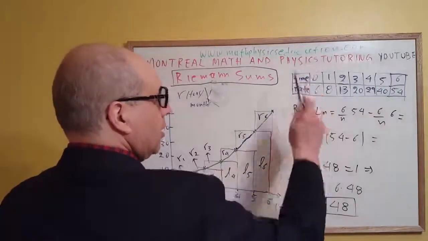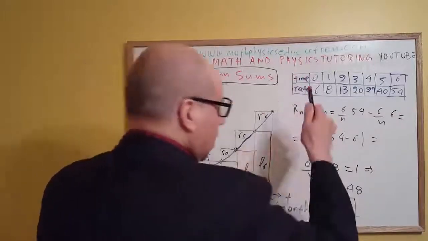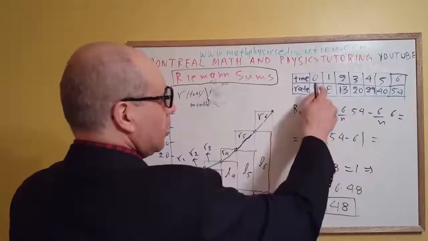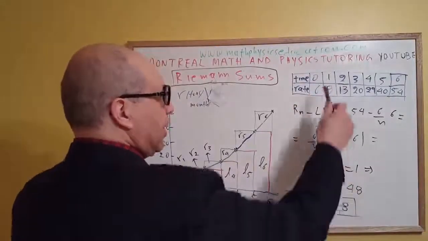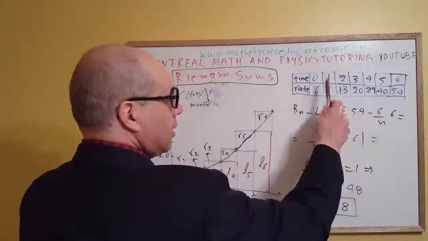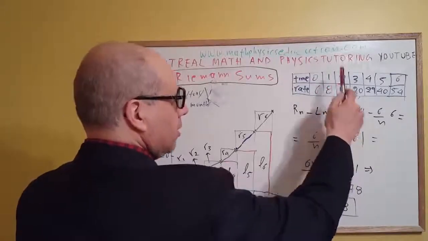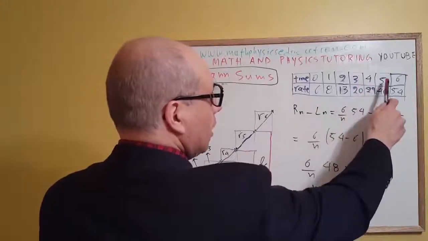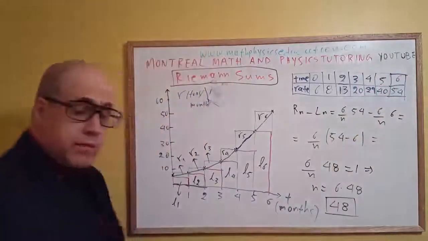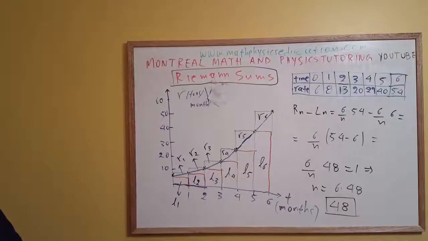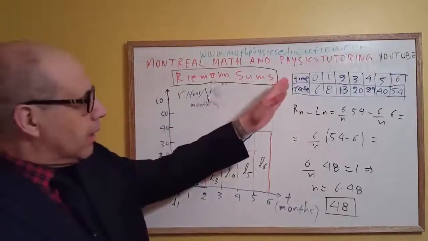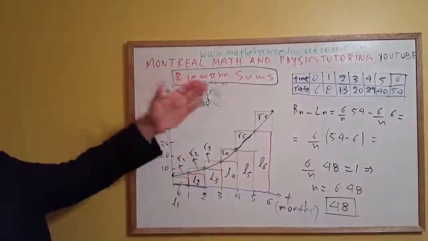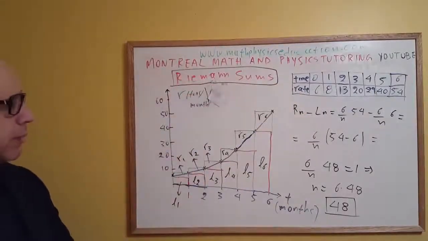As you see here, when we start at 0 months, we have 6 tons per month. At 1, at the beginning of the first month, we have 8. At the second, 13. At the third, 24, 29.5, 40.6, 54. Again, the time is in months and the rate of emissions or pollutants is in tons per month.